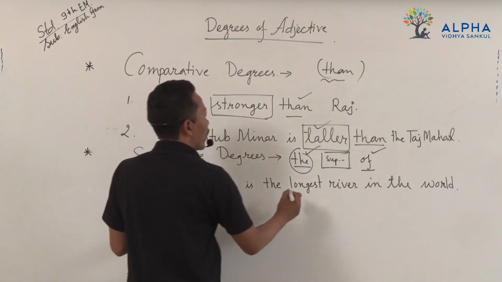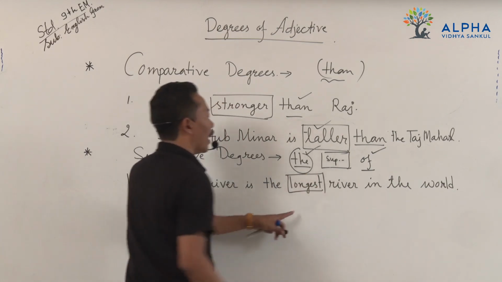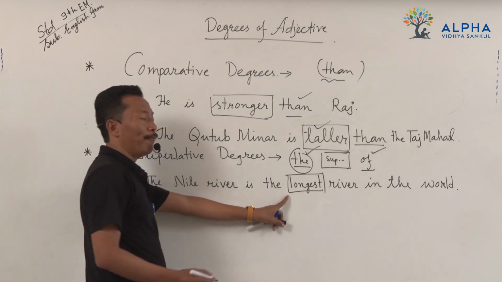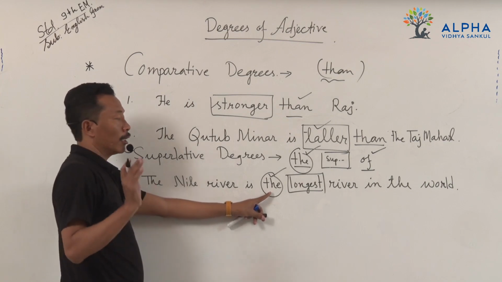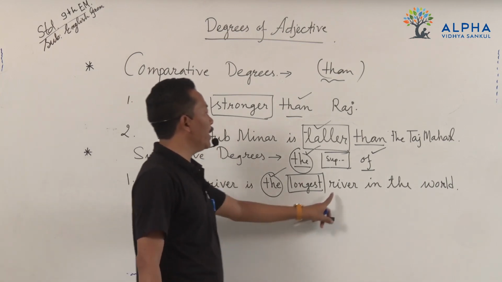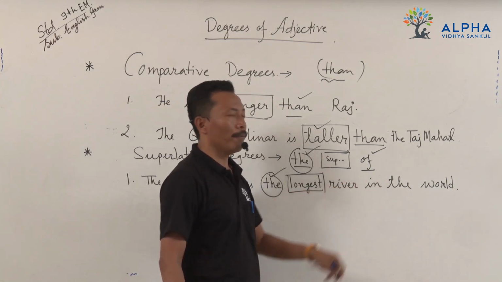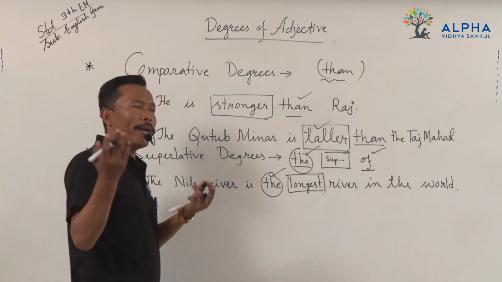Here the superlative degree is longest. Just before the superlative degree, we have the. Don't forget, I told you that in this sentence we don't use the word of, but in some other sentences you may see it.